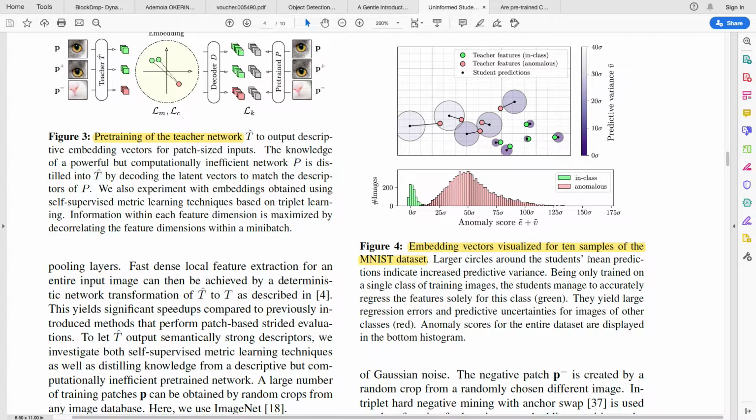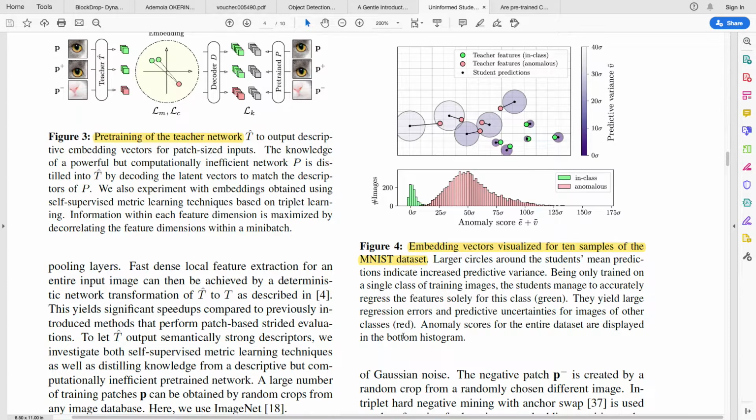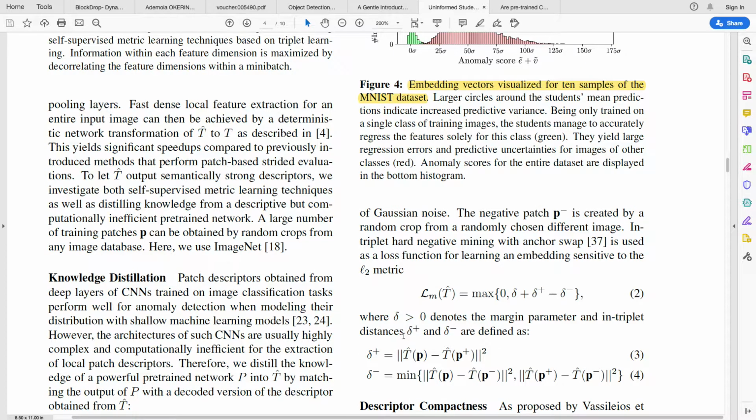Embedding vectors visualized for 10 samples of the MNIST data set. So they also use some other data sets like the MNIST, and they try to run their algorithm on it as well.